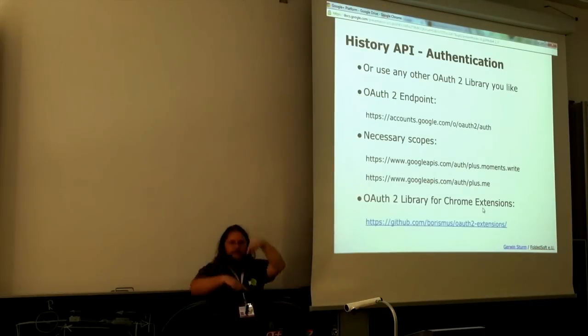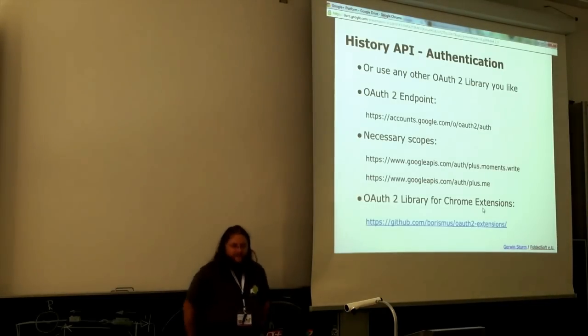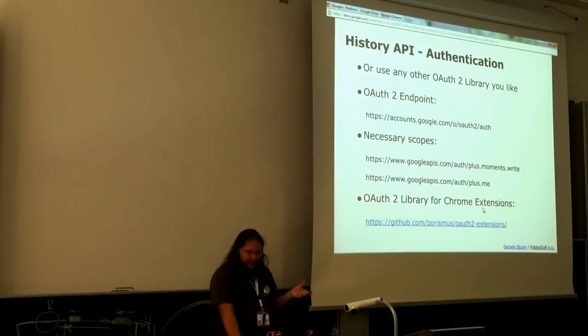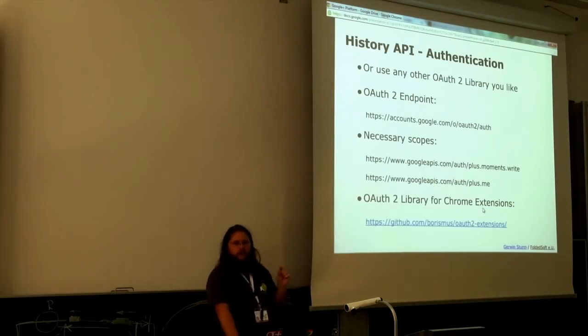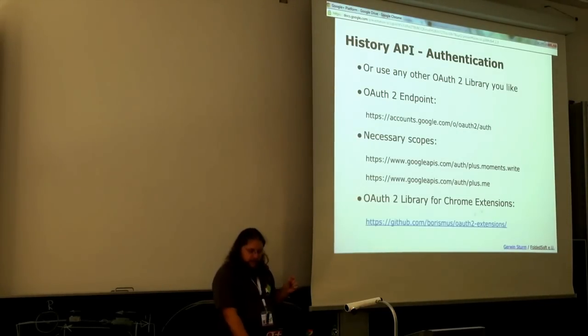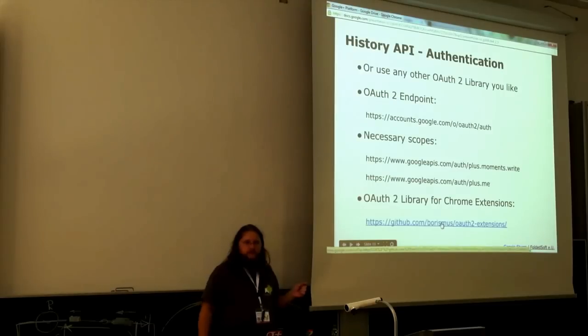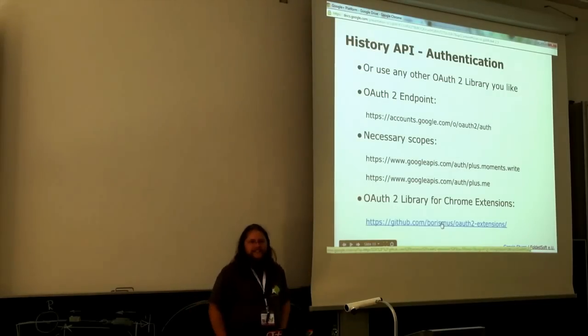So it's a bit backward, but it works. It's quite interesting, but I think it's the only way to use OAuth 2 inside of a Chrome extension. I think there's no official way to do this otherwise. But it's partly official because Boris Mus works for Google.